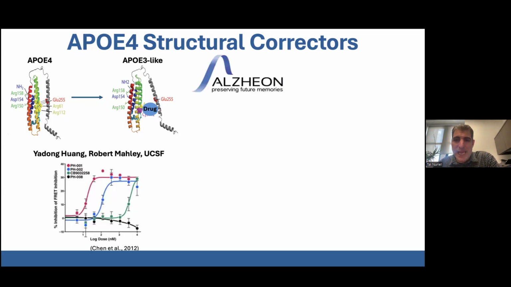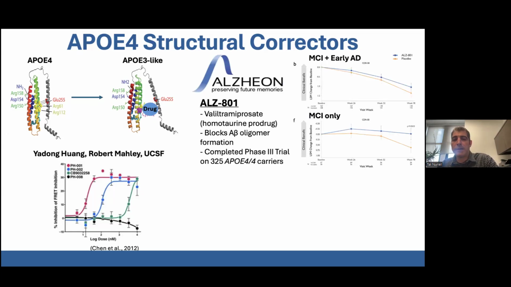Interestingly, there's a company called Alzheon, who a lot of people are probably familiar with at this point. They have a drug, valiltramiprosate, ALZ-801, that is basically a prodrug of a compound, homotaurine. The prodrug means it enters your brain more easily and then gets converted into homotaurine.